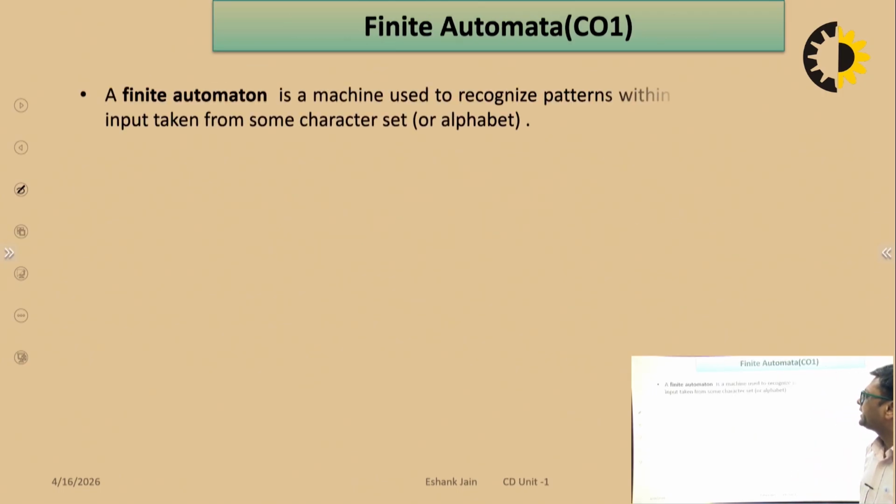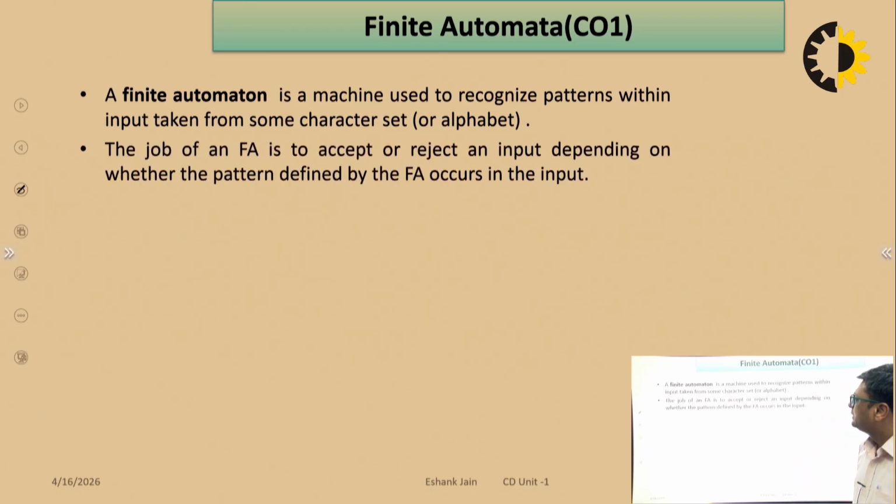Now, what is finite automata? Finite automata is used to recognize the pattern of any program, and is generally implemented in the lexical analysis phase. Finite automata means we have n number of inputs and n number of outputs, and it takes only one input at a time and generates one output at a time.